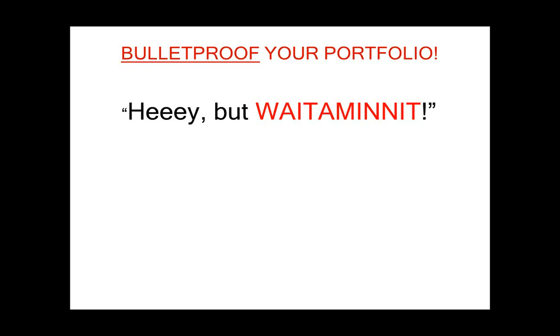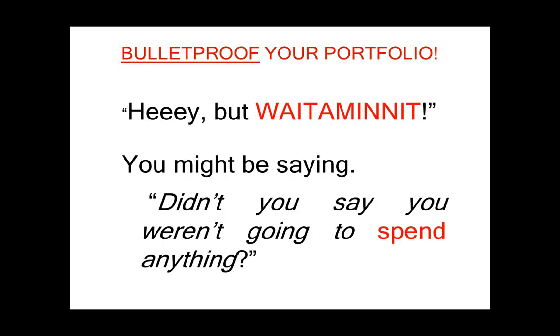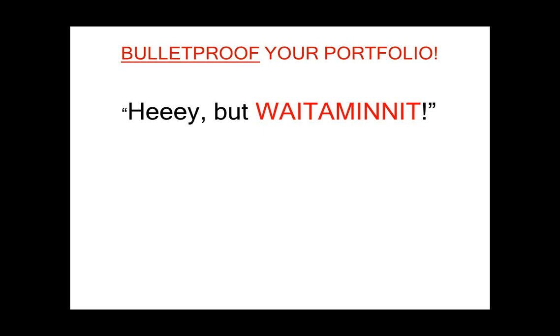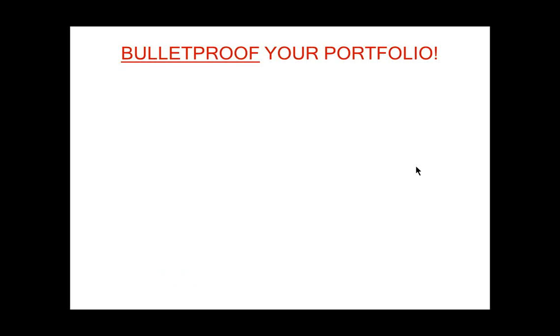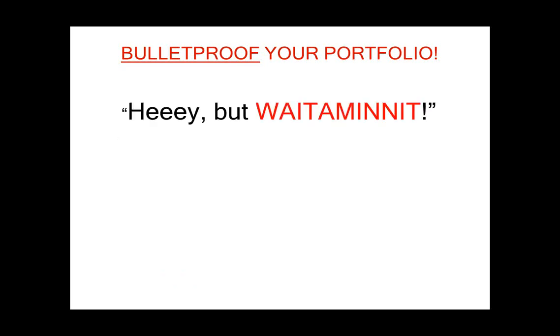Now, I know what everybody's saying. Frankenberg, you said you're not going to pay anything for that protection, for that insurance. And you did say that. Yeah, but how much did I spend? Well, you spent $290 on the put, right, Kurt? $290. Yeah, let's go back. There it is. $290 for the put. And you might be saying, well, geez, that's great that you're keeping your risk down to 4.4%, but you spent $2.90.